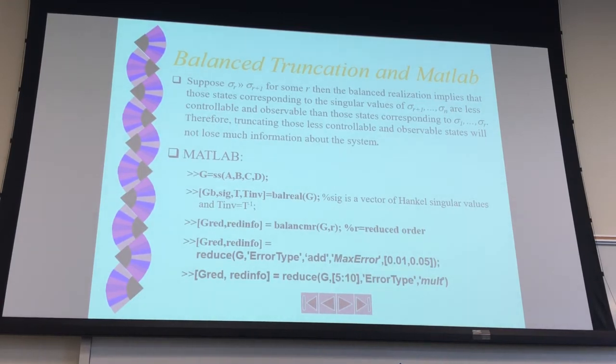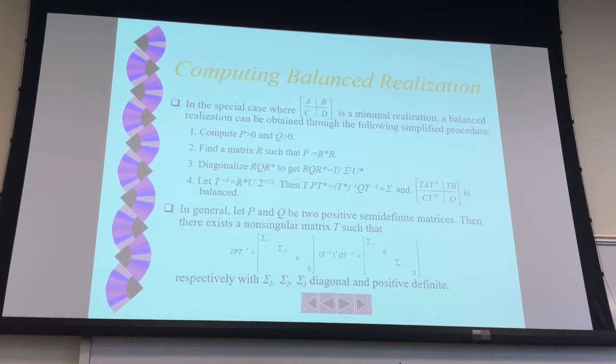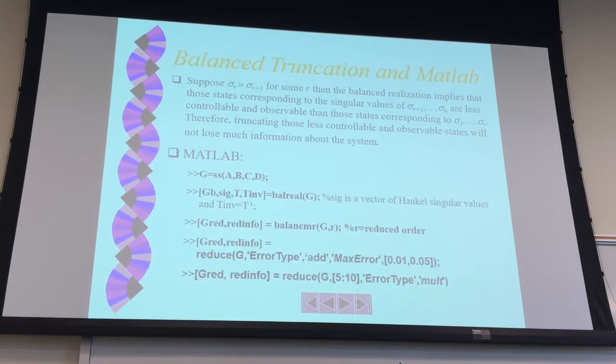Okay? So this GB is another LTI, parallel to this G, a balanced realization LTI. Then you want to see what is ABCD for this GB. Basically it's here. This new ABCD, what you should do. There's a command.